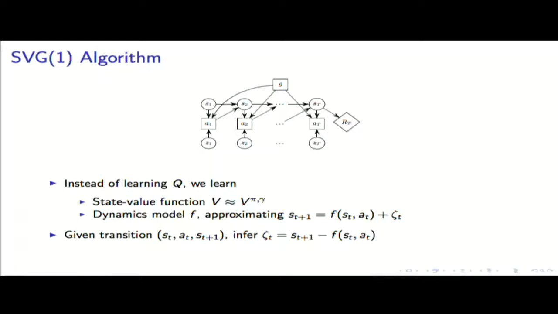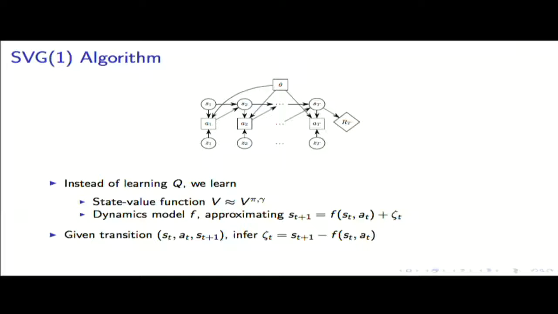With a state value function and a dynamics model, you can approximate the Q function, or you can define the Q function in terms of these two things, because you just take the next state and then the value applied to the next state. So you can define the Q function this way, and one really nice idea here is that, let's say you have a trajectory.